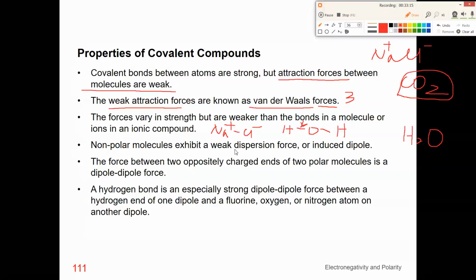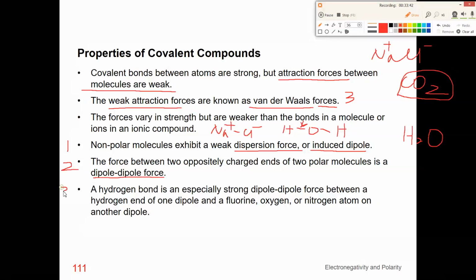Okay, so we'll explain the three typical types of van der Waals forces. First one is called dispersion force, or induced dipole. Second one is called dipole force.